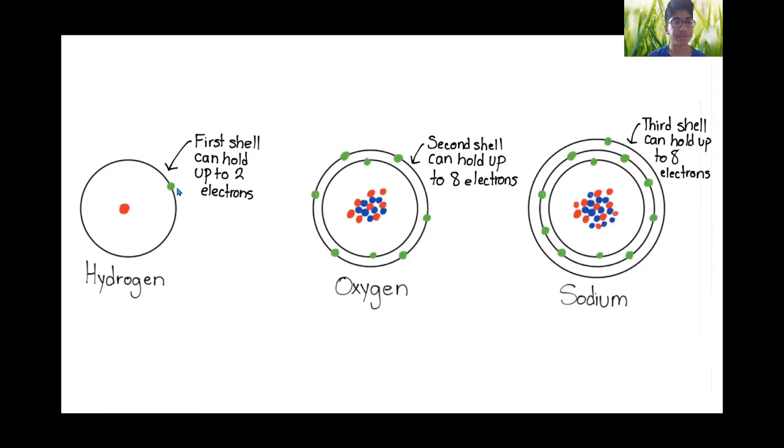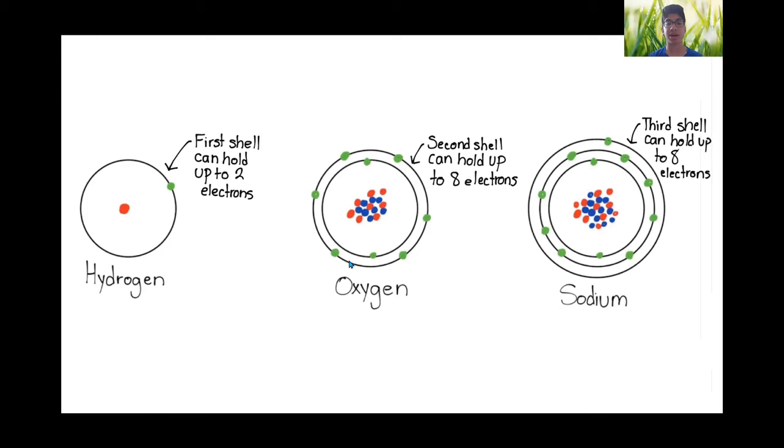So hydrogen, for example, has only one electron. Therefore, it needs only one electron shell to store that one electron because the first electron shell can hold up to two electrons. Hence, helium, which is not shown on the screen, has two electrons. So helium also only has one electron shell because that first electron shell can store both of its electrons.